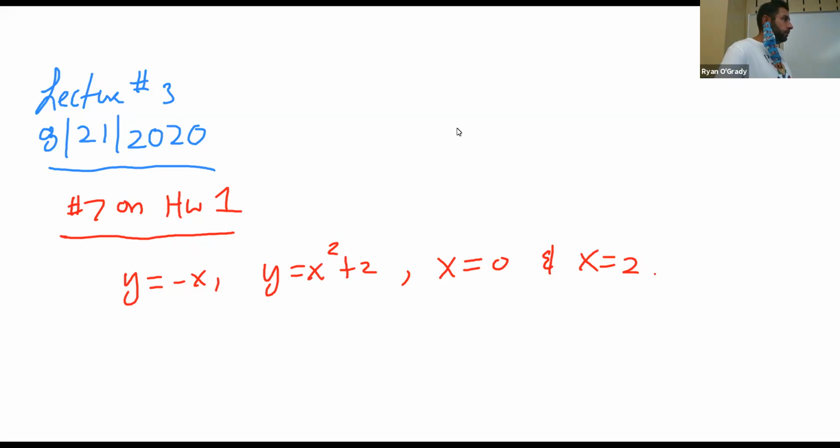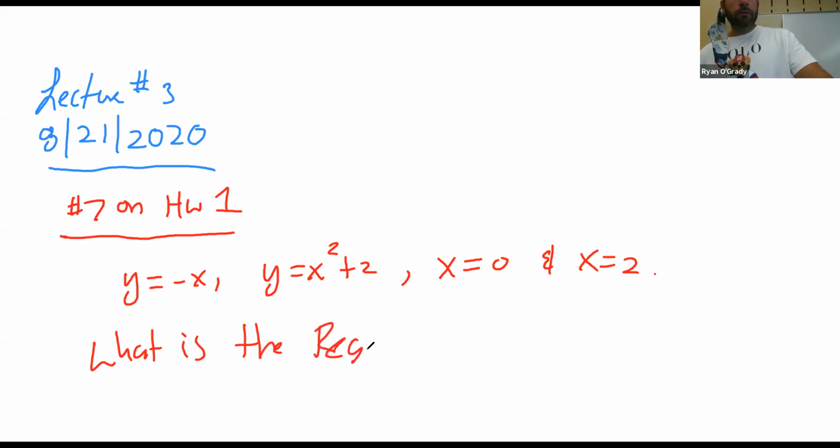You can go to Desmos and check it out, but I would caution against that unless you must, because these are pretty straightforward. So the first thing we ask is, do we have a region here? So what is the region we are working with?